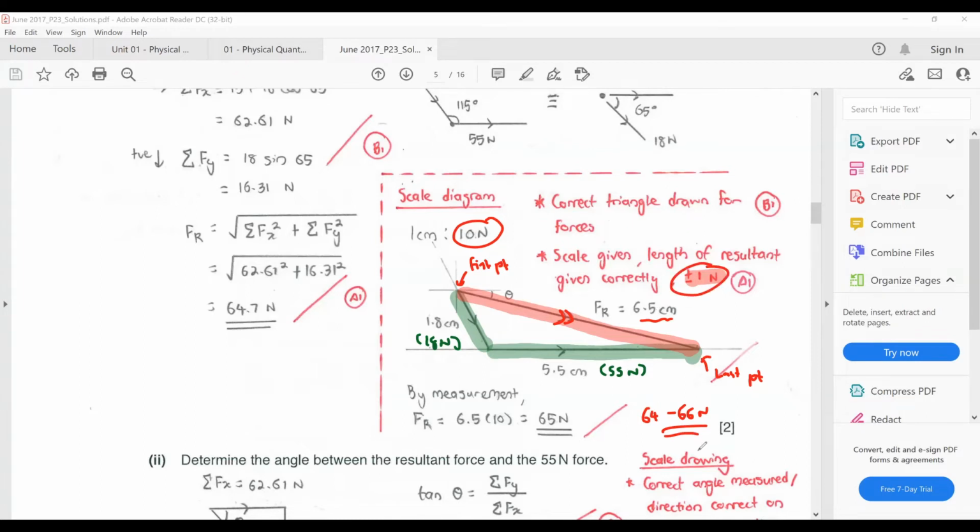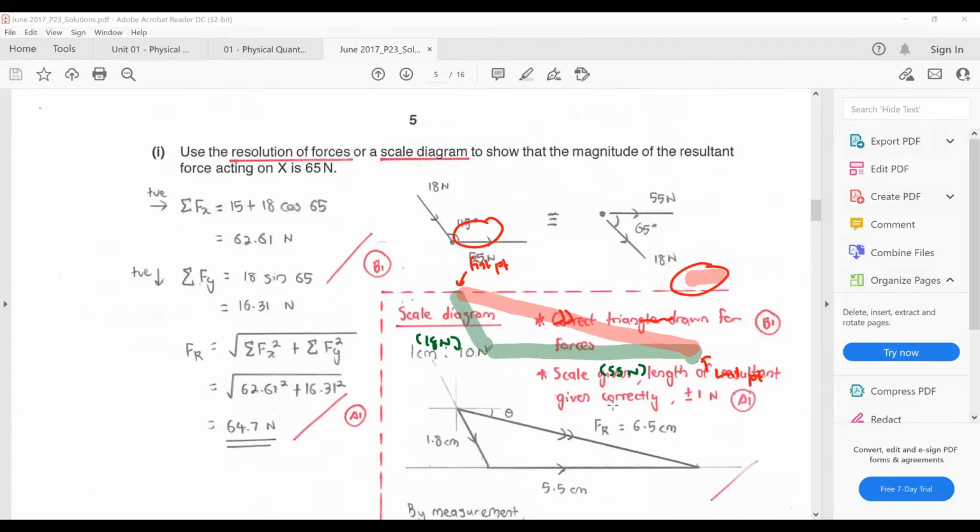As long as your answer is within this range, you will get your marks. But bear in mind that when you use a scale vector diagram in your exam, you need to have your protractor with you. So this is the scale vector diagram.